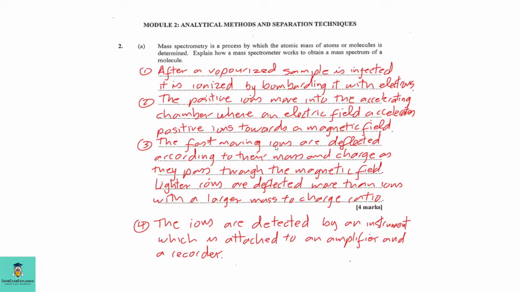The fast-moving ions are deflected according to their mass and charge as they pass through the magnetic field. Lighter ions are deflected more than ions with a larger mass-to-charge ratio. 4. The ions are detected by an instrument which is attached to an amplifier and a recorder.